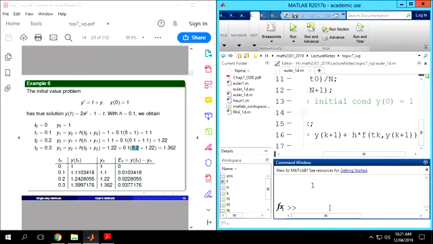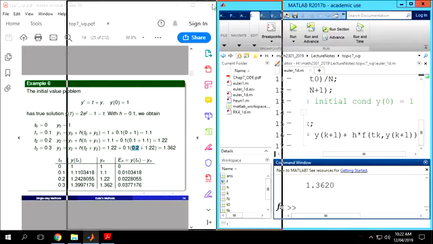So then y2 is 1.1, and then y3 is 1.22, so it's okay. And then y4 is this one. So essentially, you see that I solved this problem by the Euler method.